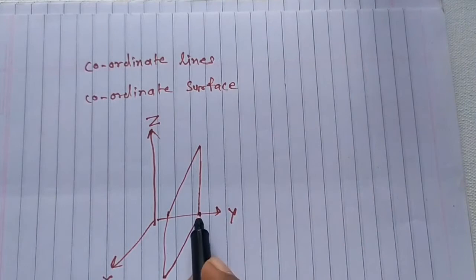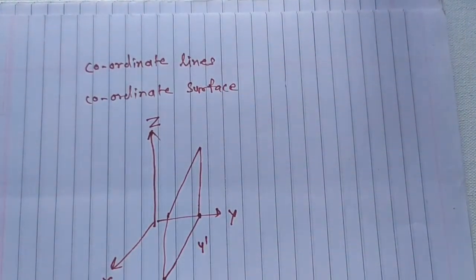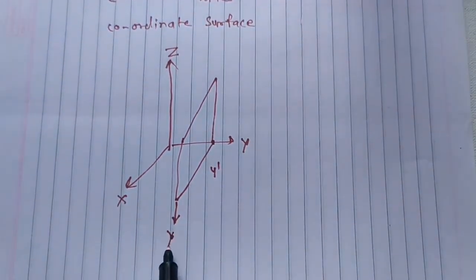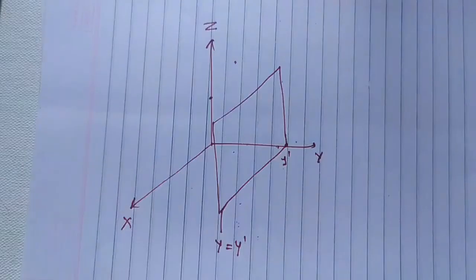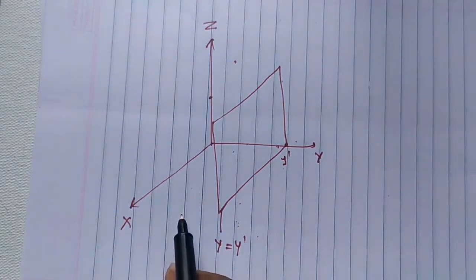So these points say y dash. Then I can write the equation of plane as y is equal to y dash. This is the equation of this plane. I can draw a plane parallel to xy plane.